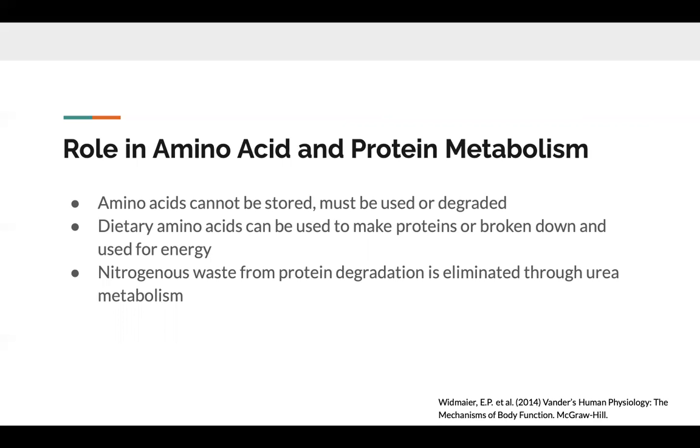The process of amino acid catabolism also produces ketone bodies. Ketone bodies are an important source of energy for the brain when glucose levels are low. Finally, the liver helps with disposal of nitrogenous waste generated during protein degradation through the process of urea metabolism.